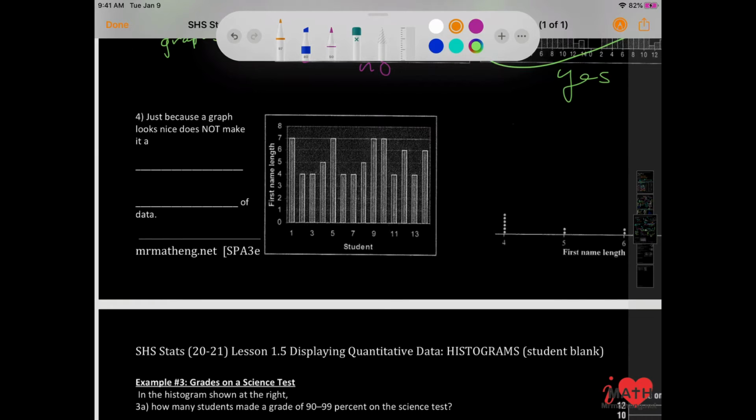And the last one, number 4. Just because a graph looks nice does not make it a meaningful display of data.